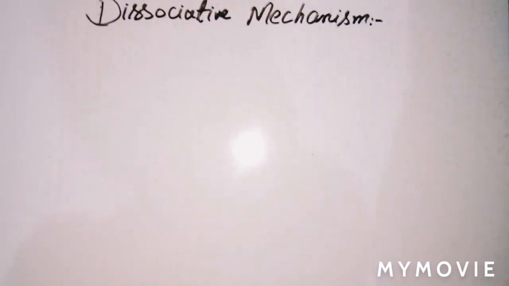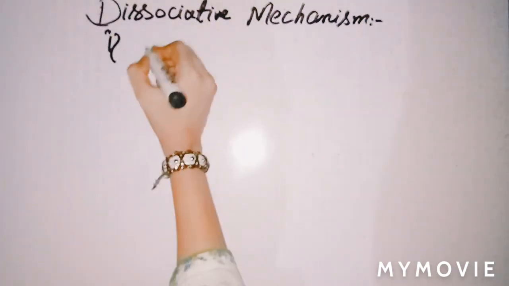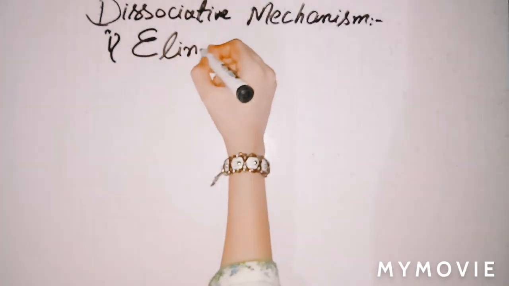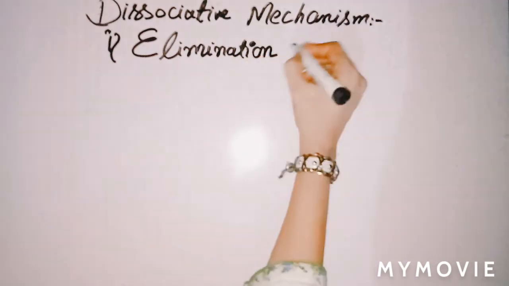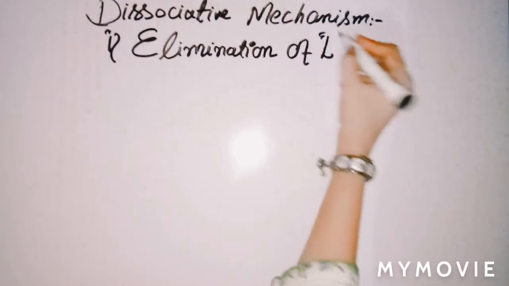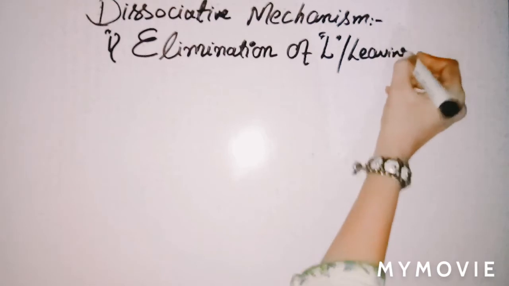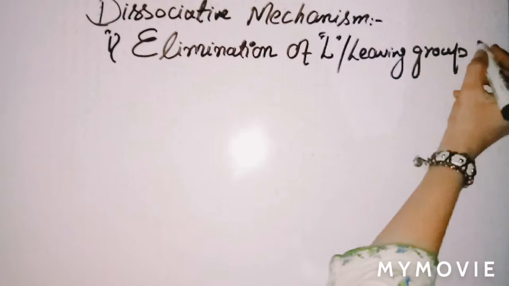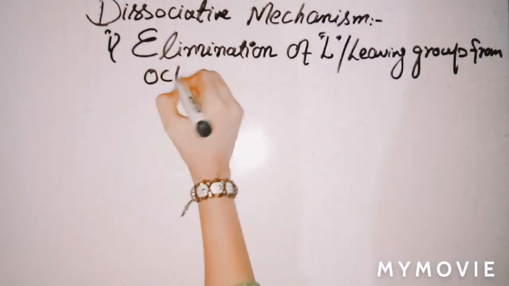According to the definition, this type of mechanism actually occurs in two steps. The first step is elimination of ligand or leaving group from the octahedral complex.